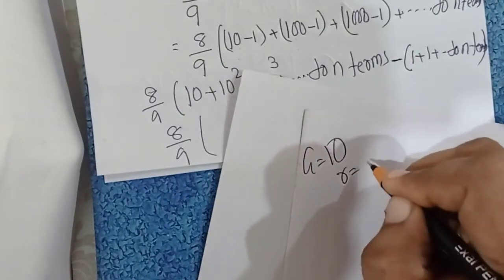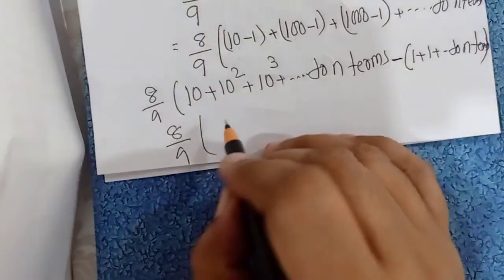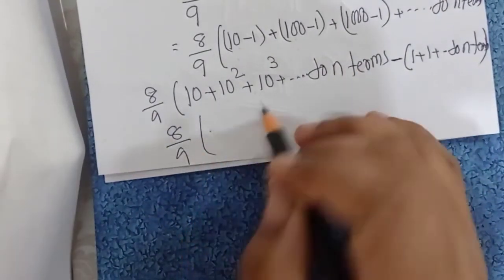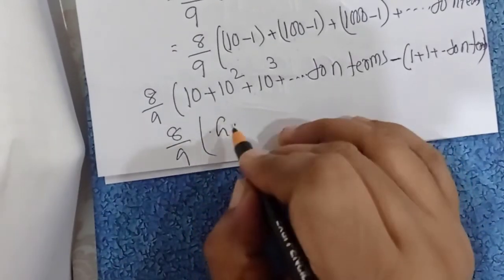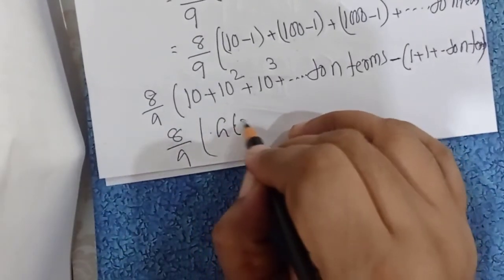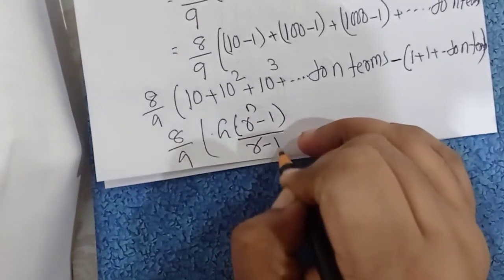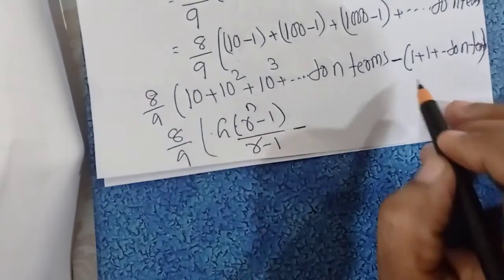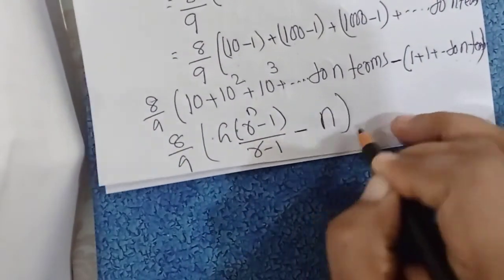R is equal to 100 by 10, that is also 10. A is 10, R is 10. Therefore, what is the formula? R is 10, which means greater than 1. A into R raised to n minus 1 by R minus 1, minus of 1 plus 1 plus etc. to n terms, we can write n. Okay.